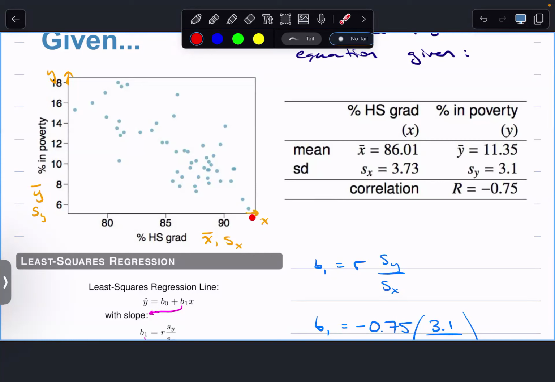Our sample only spans values of X between 75 and 95, so it's only going to give reliable predictions in this range, okay?